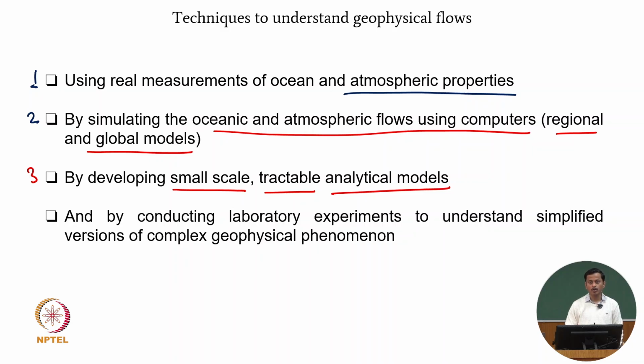This is doable, but this is not always possible. For example, in a complex weather phenomenon like the Indian monsoon, we cannot have a very tiny tractable analytical model which will give all the complexities of the Indian monsoon.